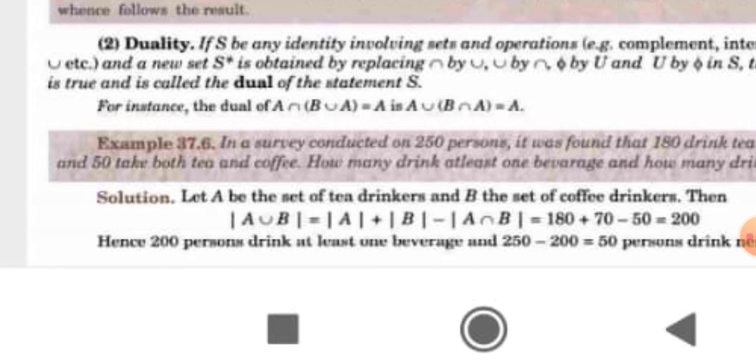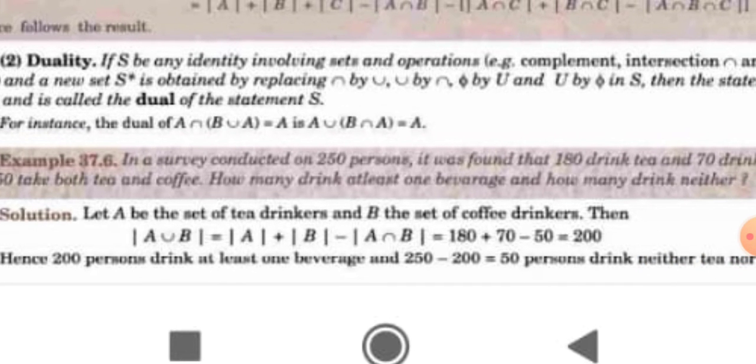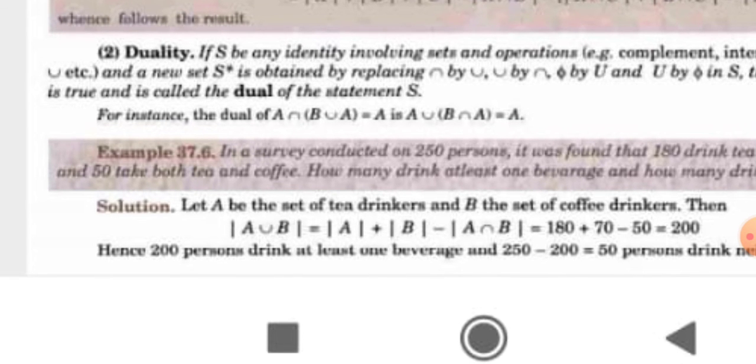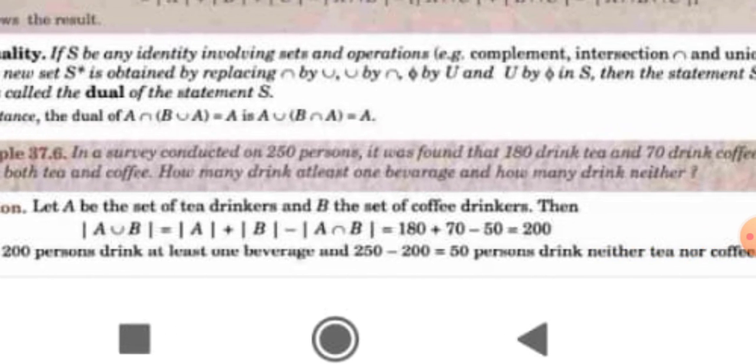Now an example. In a survey conducted on 250 persons, it was found that 150 drink tea, 70 drink coffee and 50 take both. How many drink at least one and how many drink neither?